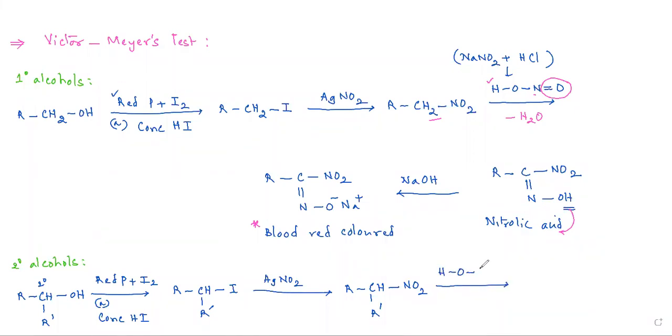take nitrous acid again. Here it is, of course, this water molecule is eliminated this way. Okay. Now we get R, then this R dash, you got NO2, and here it is N double bond O, this part.